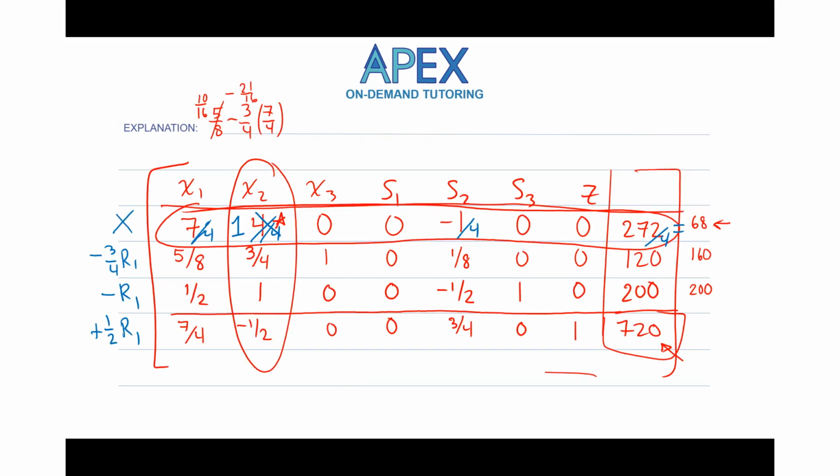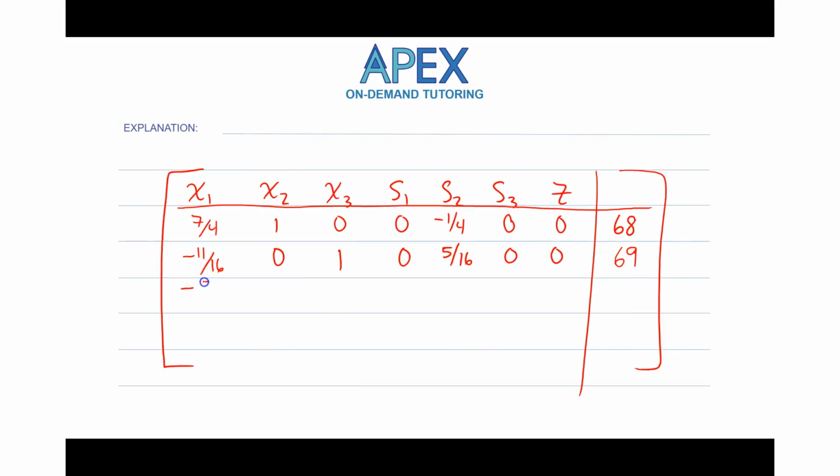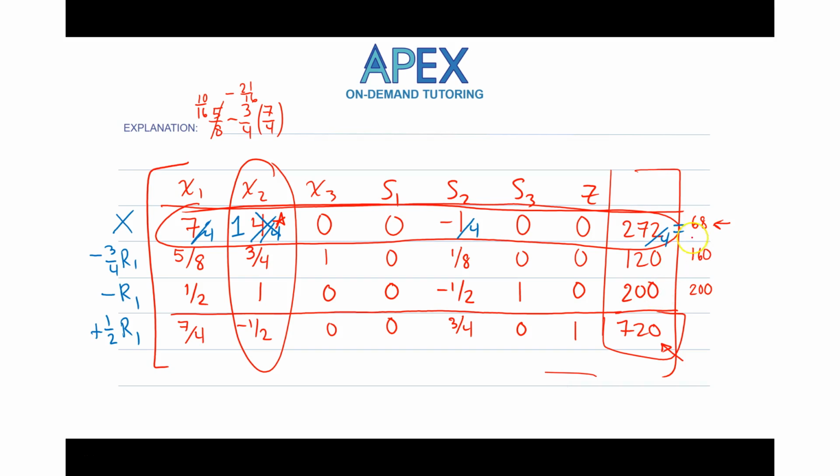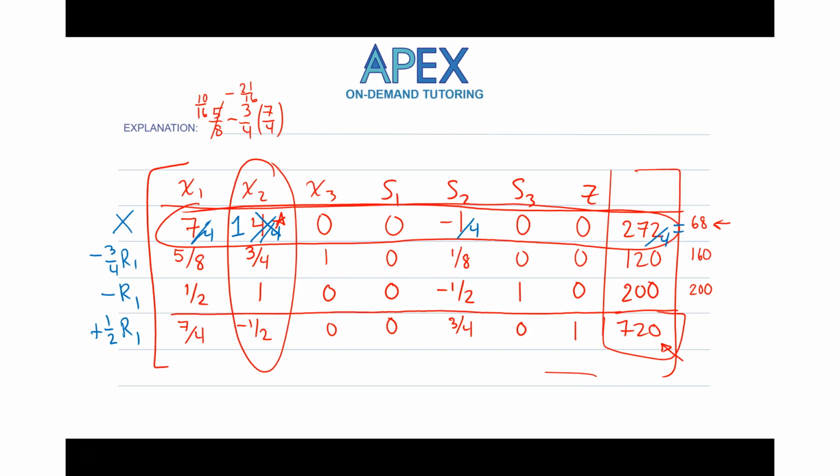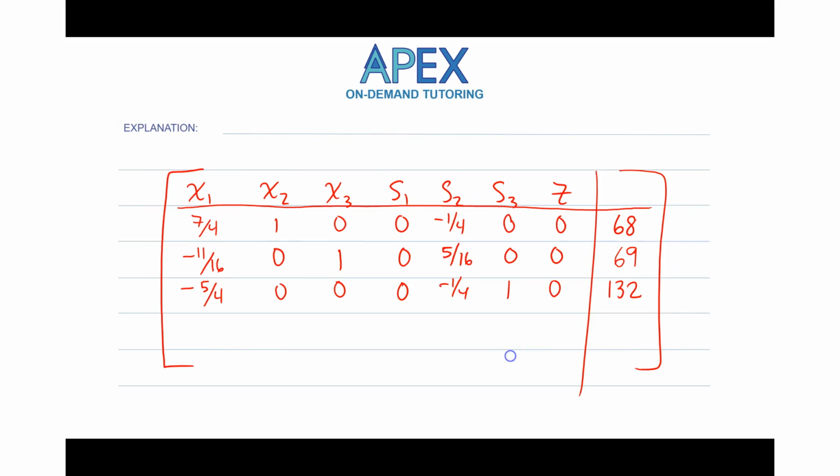Now, our third row, we are simply subtracting row 1, so that's going to turn into -5/4, 0, 0, 0, -1/4, 1, 0, and 132. And that was because we had 200 minus 68. All the others, I'll let you just take a look at. For example, -1/2 minus -1/4 is just -1/4.